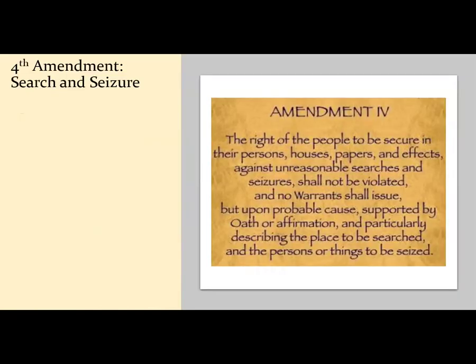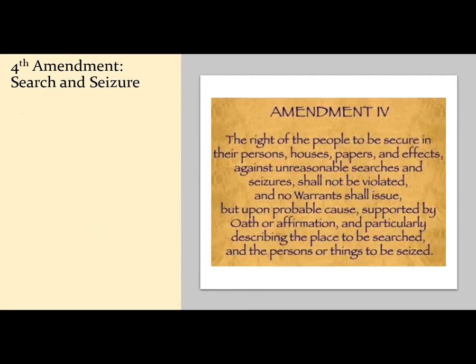But to give you a little bit of a backdrop, the next three amendments, Fourth, Fifth, Sixth, and even the Eighth Amendment, in each of these amendments, what we're dealing with are civil liberties that are affected by law enforcement. So this is the state doing things in an effort to keep the community safe, to protect the public from criminals, but it's running up against the rights of individuals to be free.